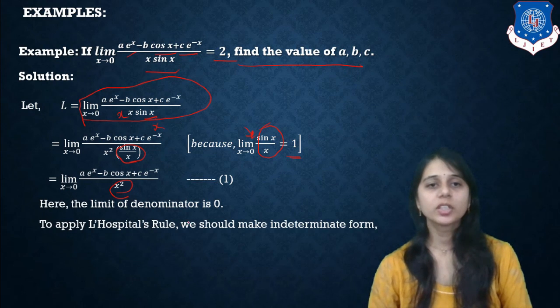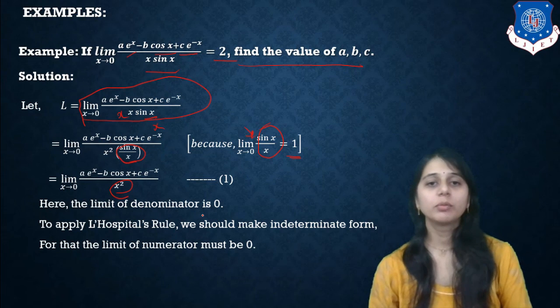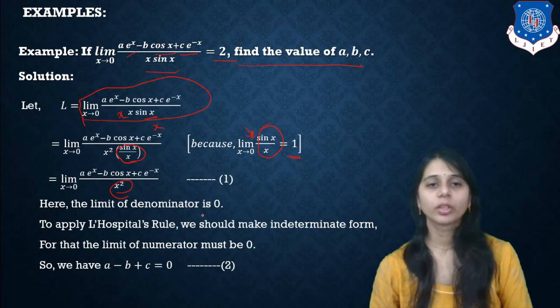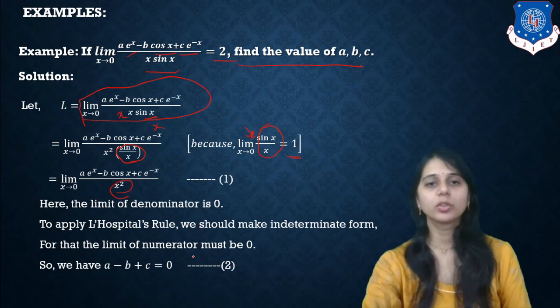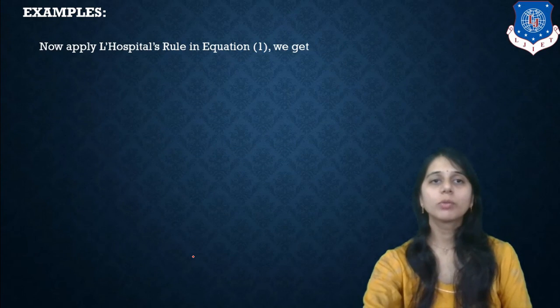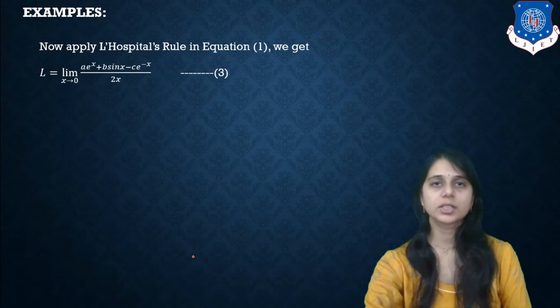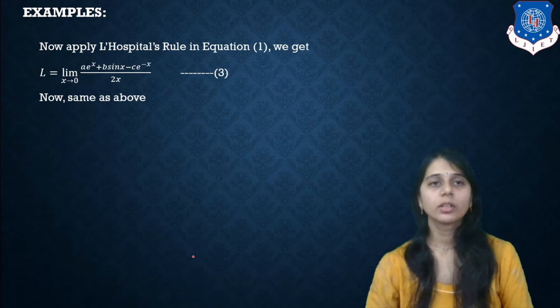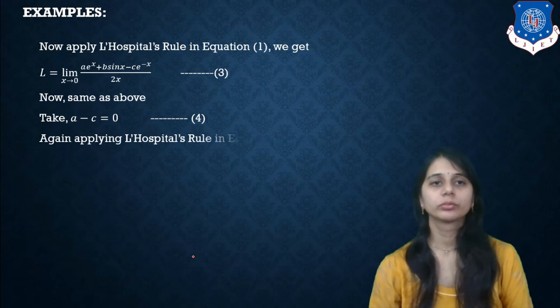The limit of the denominator is 0. So to apply this rule, we make an indeterminate form. The limit of the numerator must be 0. So a minus b plus c equals 0. By L'Hopital's rule, in equation 1, the same as above, a minus c equals 0.